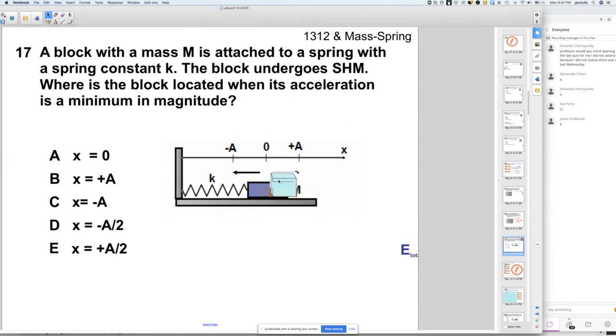Well, as you saw in the picture, right here. Force is a minimum right here when x equals 0. And therefore the acceleration will be 0. Don't forget the acceleration is changing. This is not constant acceleration.